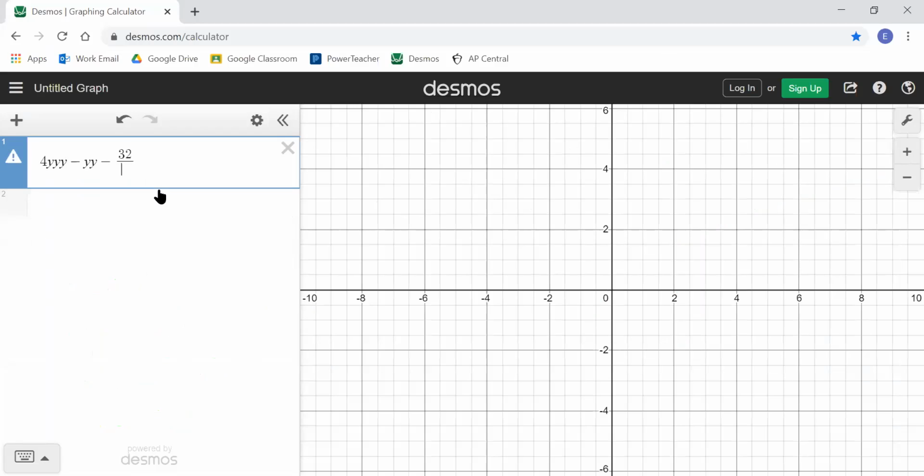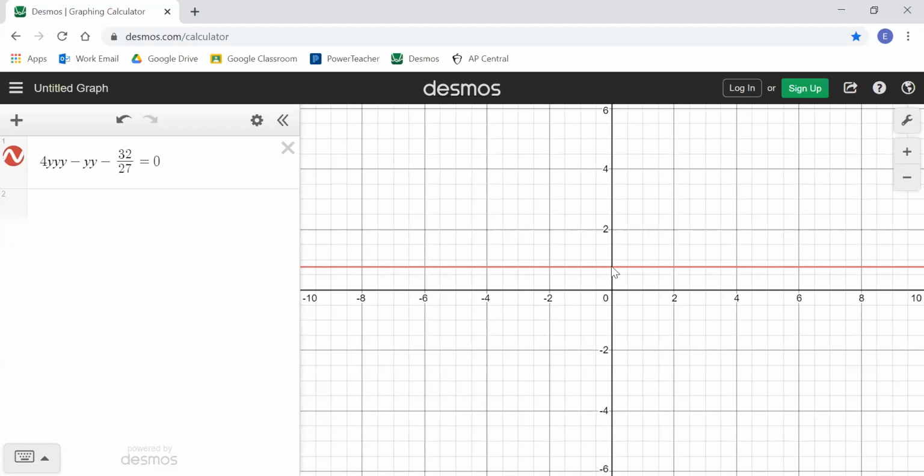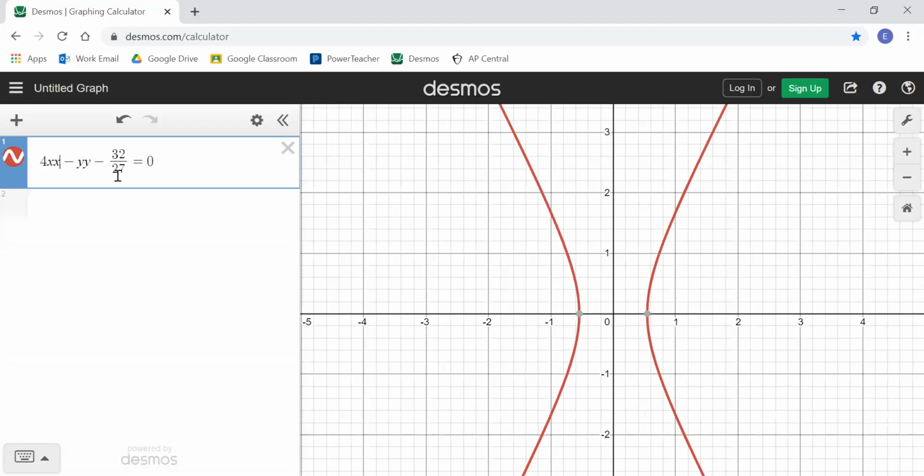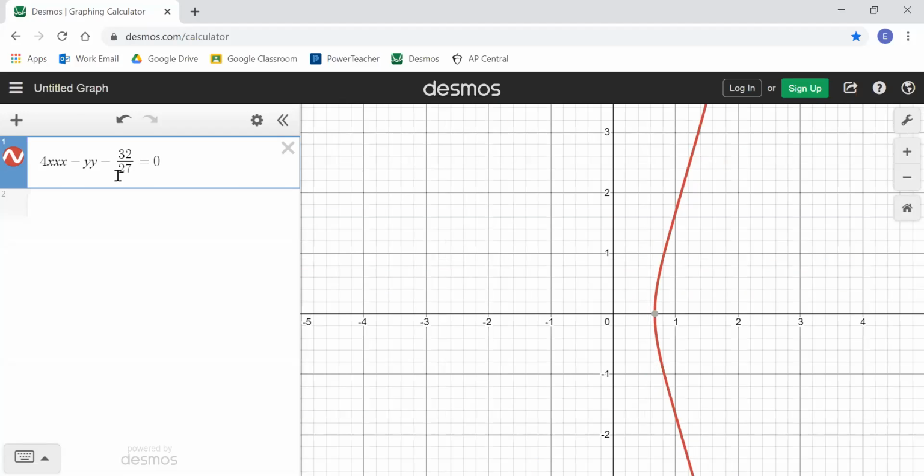Minus 32/27 equals 0. It's not going to tell us. Darn. All right, never mind. We're going to have to do it in terms of x. All right. So if we do it in terms of x, was it 4x cubed or 4y cubed? Yeah, it was.